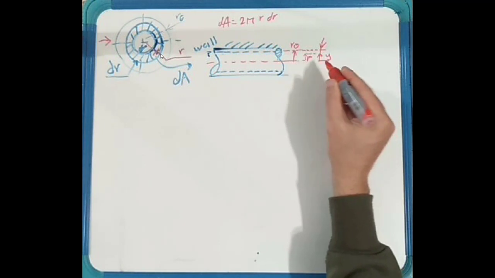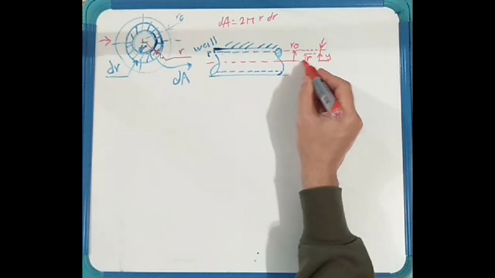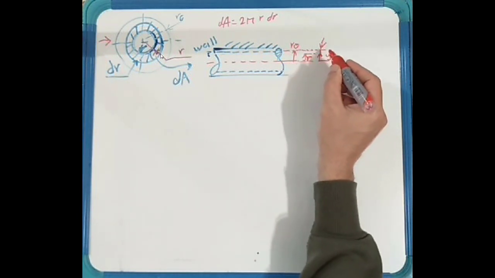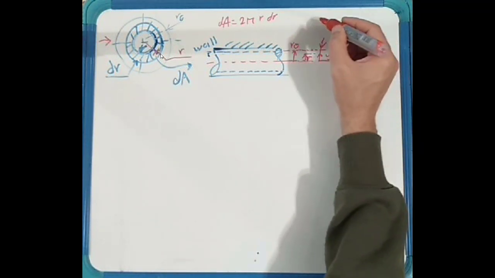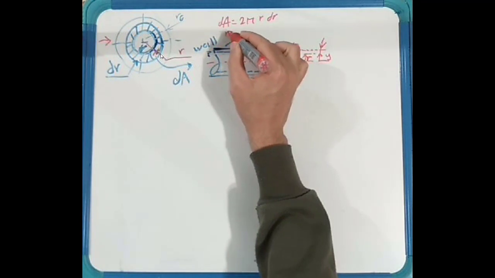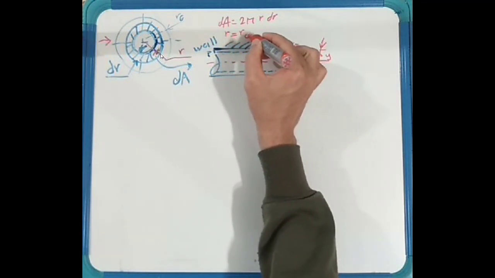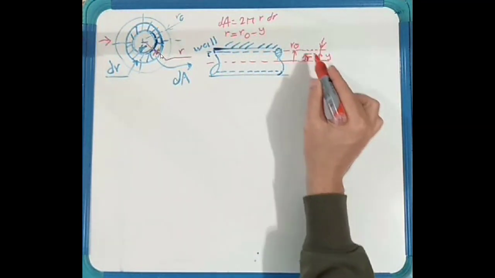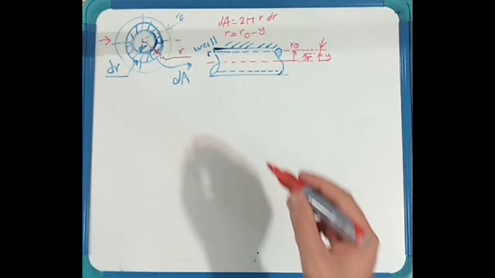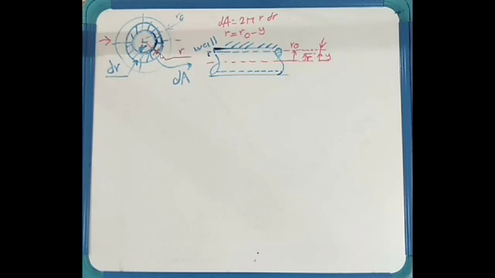Okay, from the center line to this point is r, from this point to the wall is y. Then I can write this equation for that: r equals R0 minus y. It is so useful when I want to integrate the formula.